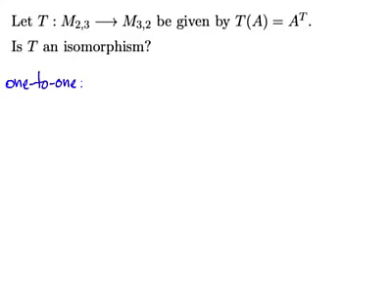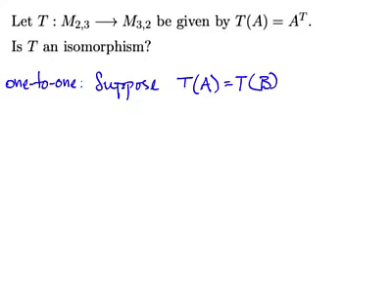We can check to see if it's one-to-one by assuming you've got two matrices that go to the same thing. So T of A is equal to T of B. If we can prove that A must be equal to B, then we've proven that T is a one-to-one linear transformation.